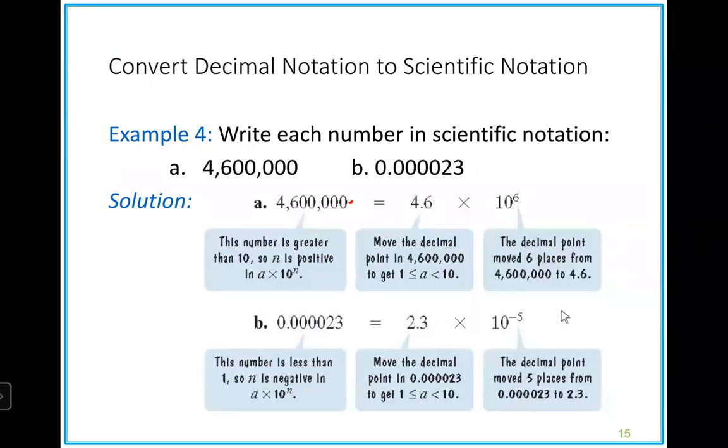Okay, so that's your converting from a regular decimal number into scientific notation. So your first number falls between 1 and 10. Second is a power of 10. If the number is greater than 1, then your power is positive.